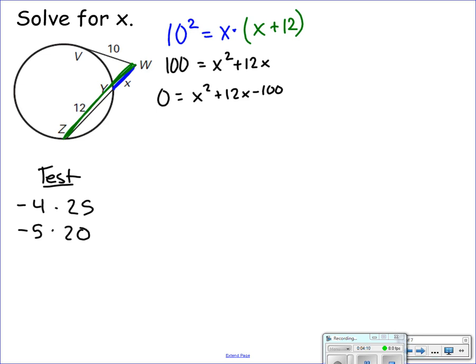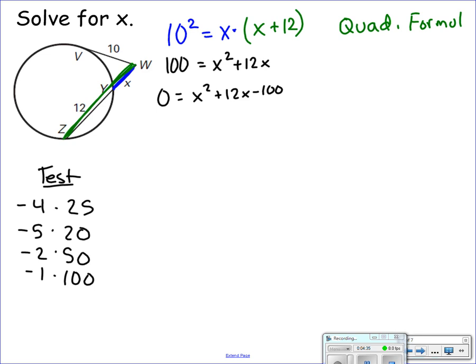Again, that one doesn't work. 50 times 2, larger one has to be positive. I don't think we have any that work. So what do you go to next? That evil quadratic formula rears its head.